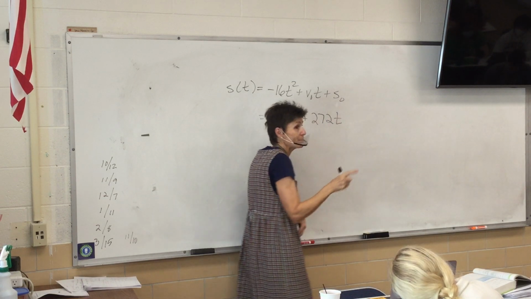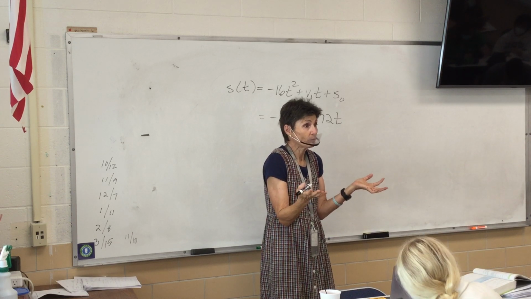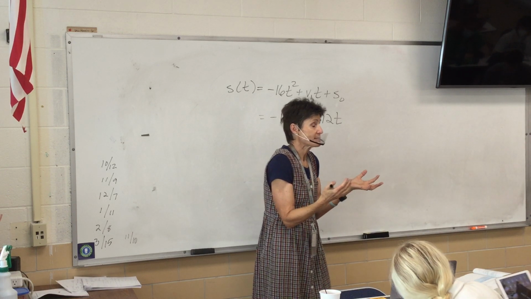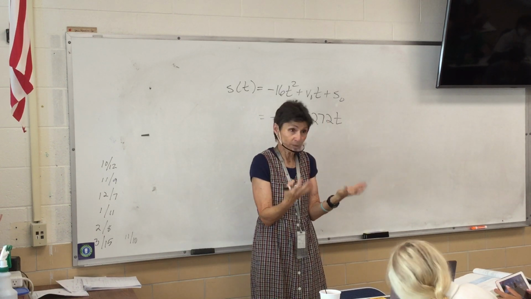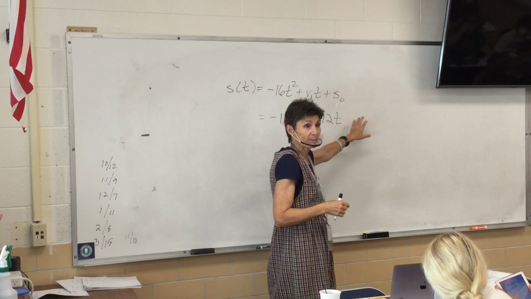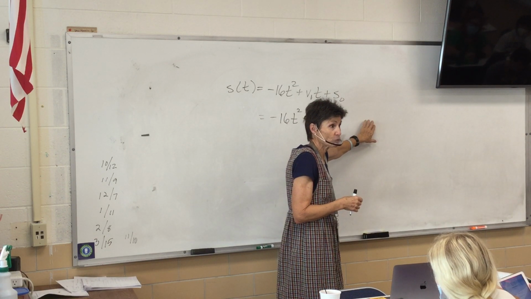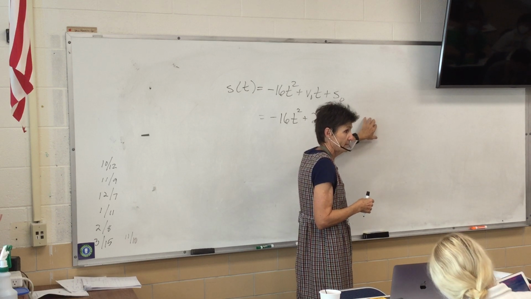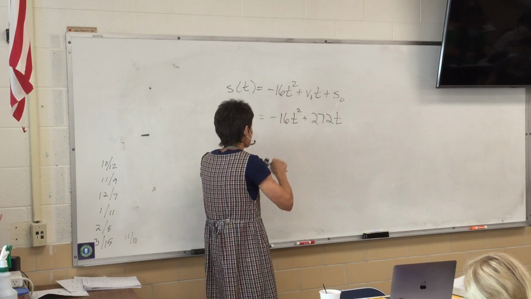That's 0 because, again, we are starting at ground level. Oftentimes, these things are thrown off the top of the building. So if the building were 30 feet tall, then there would be a plus 30 on the end of that, right? Initial height, wherever the ball starts, how high it is, that's what goes there. It's on the ground, so that's 0.